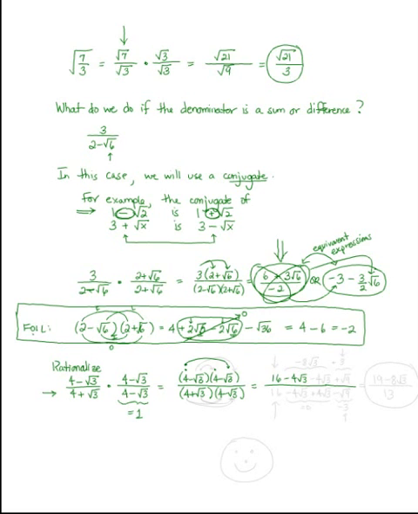Then we have inside times inside. It's another minus 4 times square root of 3. And then we have last times last. Negative square root of 3 times negative square root of 3 is a positive square root of 9.